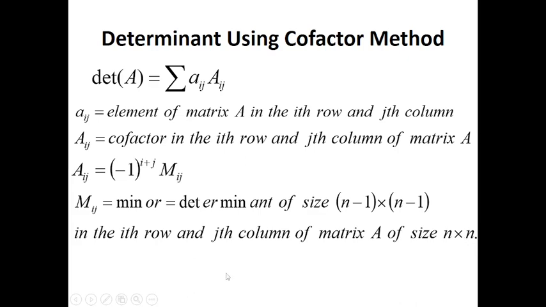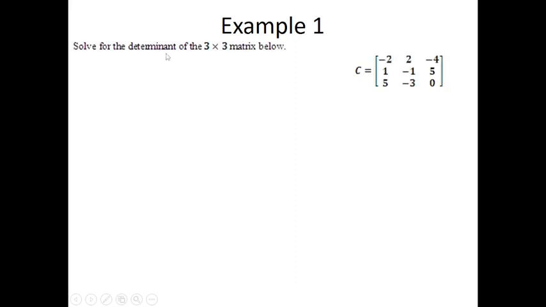Okay? So, later, I will show you paano to. So, for example, if I have this determinant 3 by 3, okay, I will select on ith row of matrix C. Let's say I chose i equals to 1. First row, I chose first row, row 1. Okay.